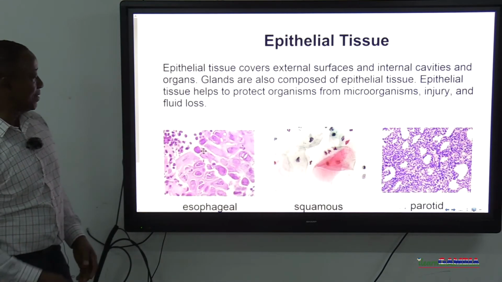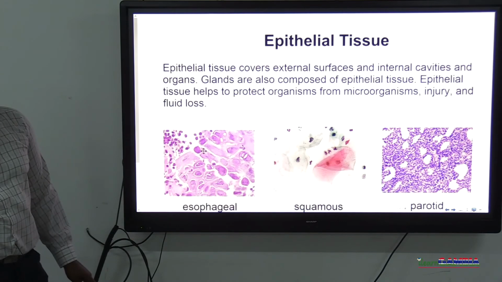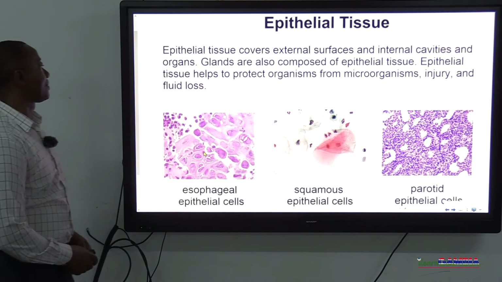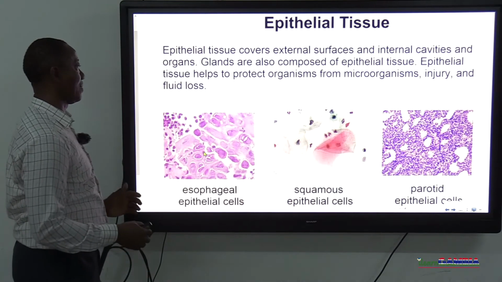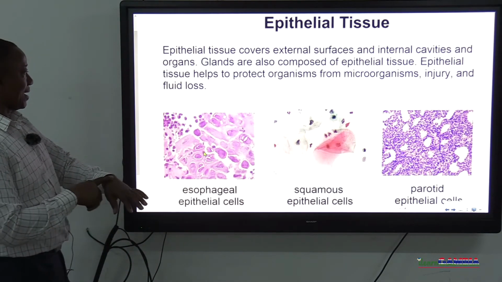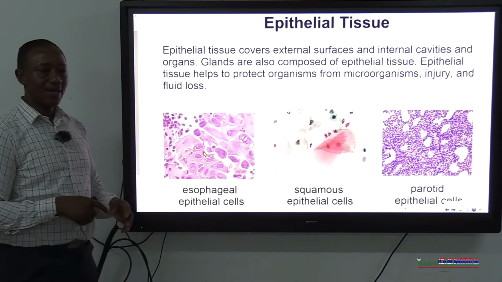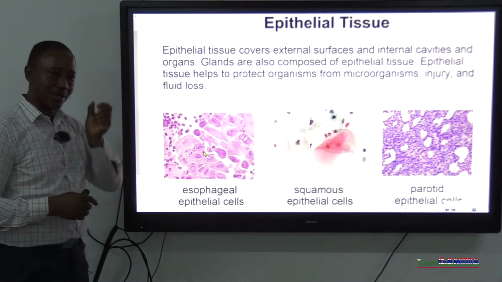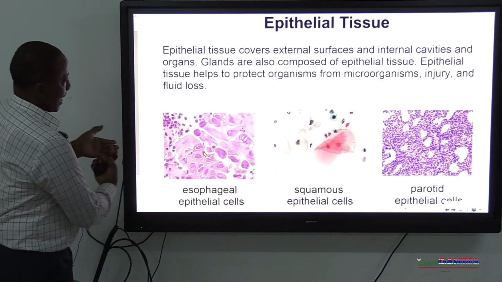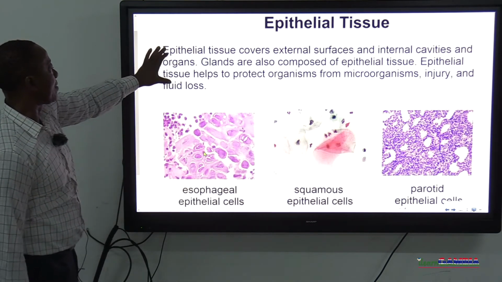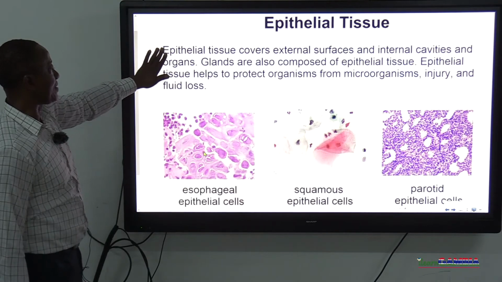The epithelial tissue covers external surfaces and internal cavities and organs. So like the outside of the skin, and also when you look at tubes like the intestines and the lungs and so on, the inner side of them is covered by epithelial tissues.